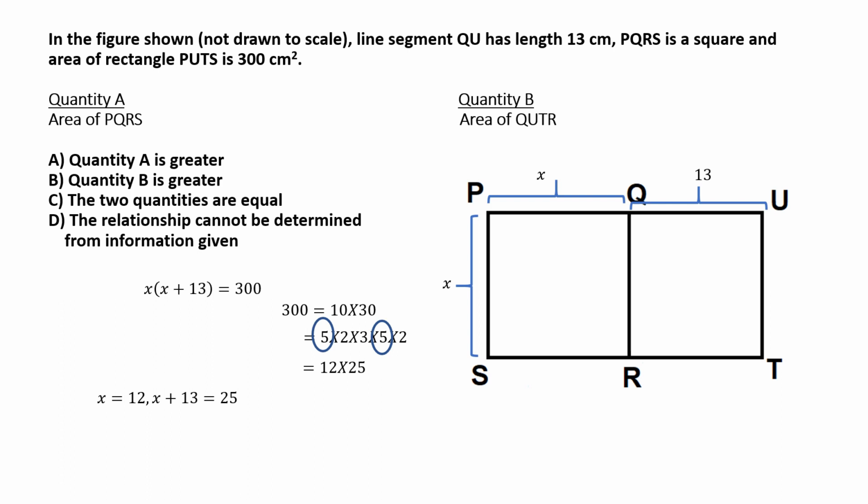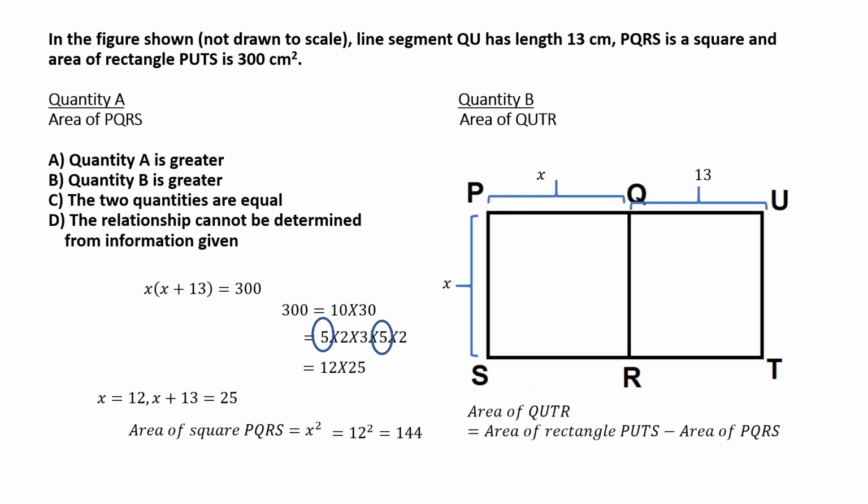That makes sense. Then we look at the area of square PQRS, which is X squared, and if X is 12, X squared is 144. The area of QUTR, the quantity B, is simply the area of rectangle PUTS minus the area of square PQRS.